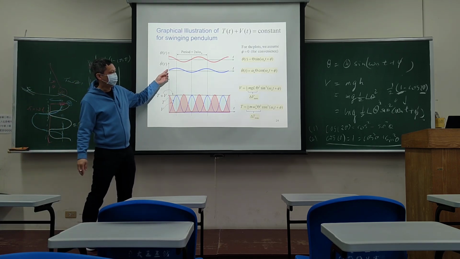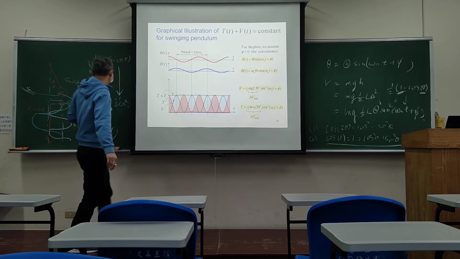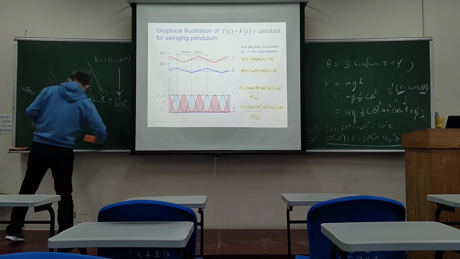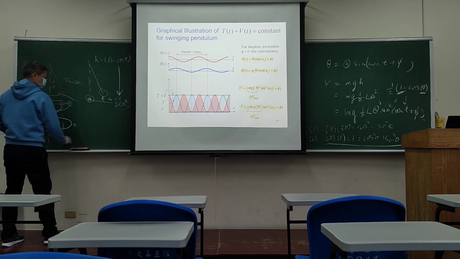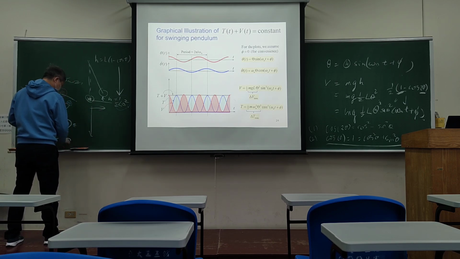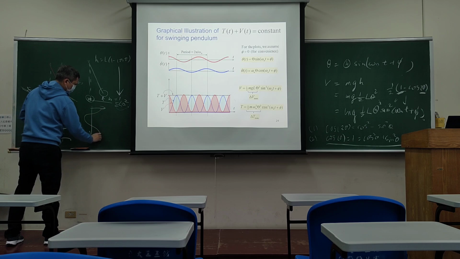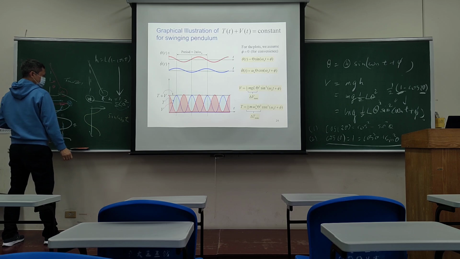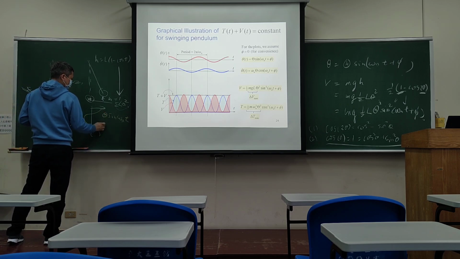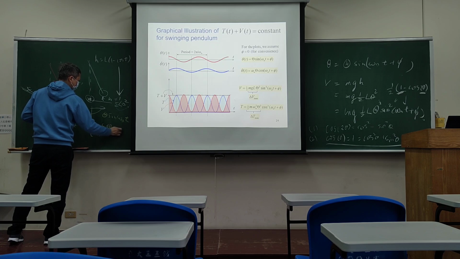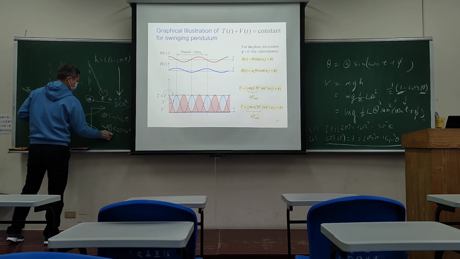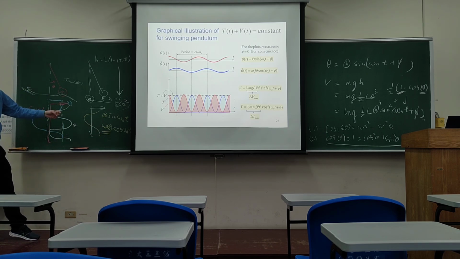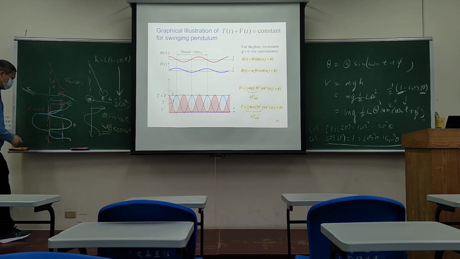Next, let's look at the velocity. If I now replot the angle, this is my angle, which is the sine function. And what is the velocity? After you do the time differentiation, you have omega n t. What is your angular velocity?